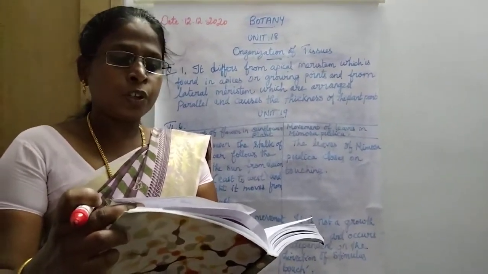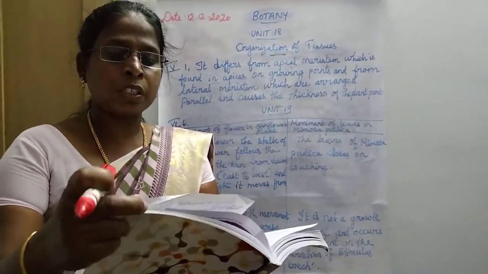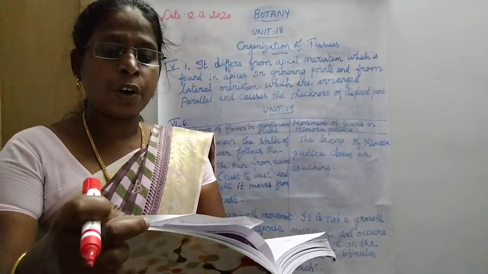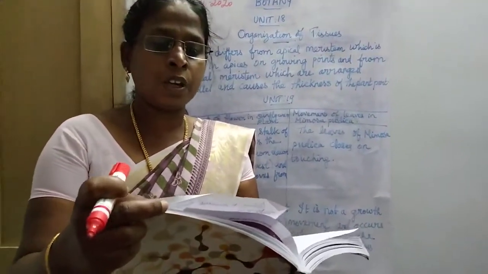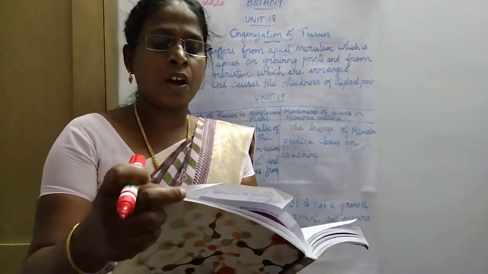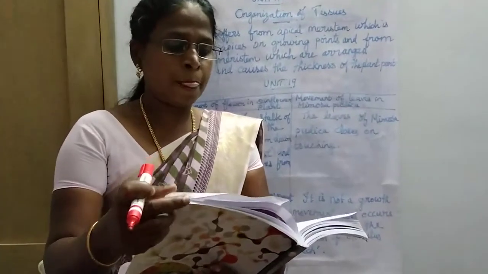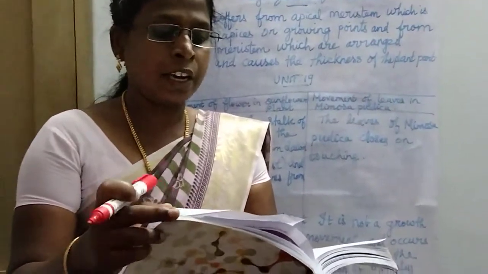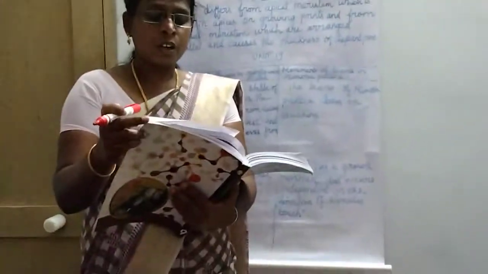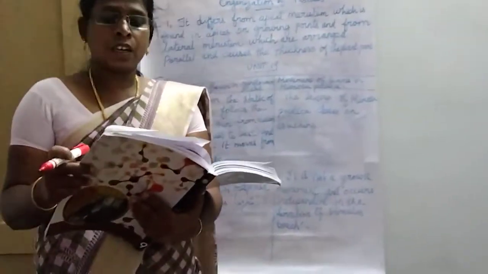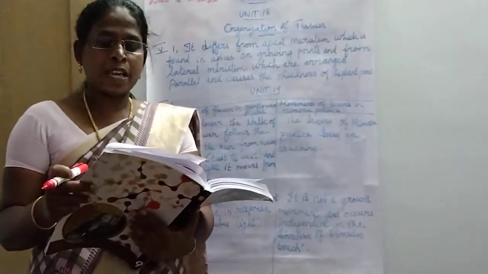Aim to demonstrate transpiration in a rose plant. Then next side heading, materials required. Materials required: rose plant, plastic bag.